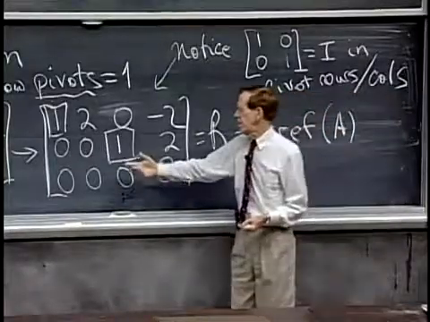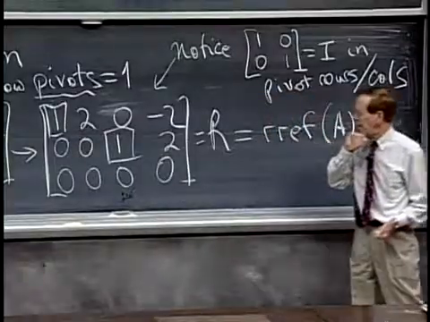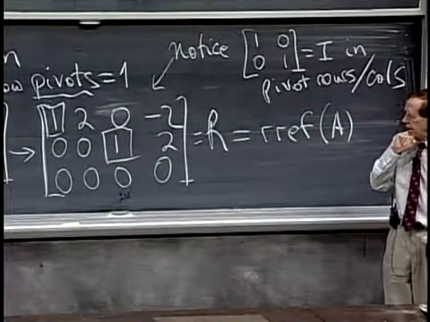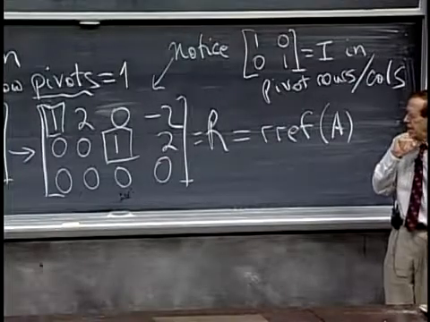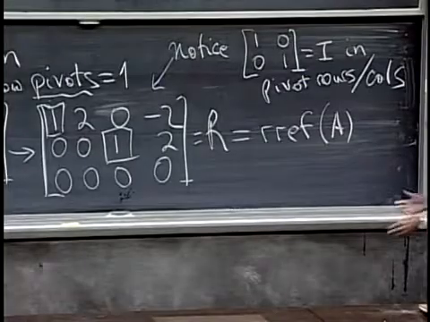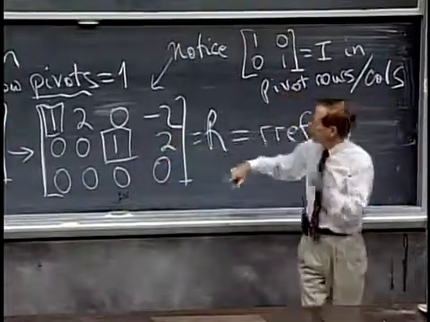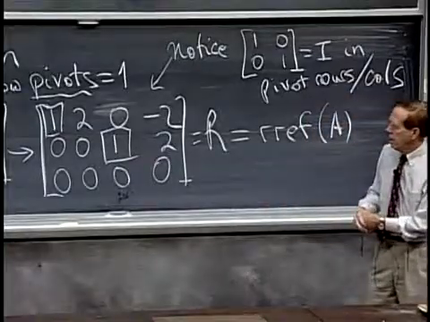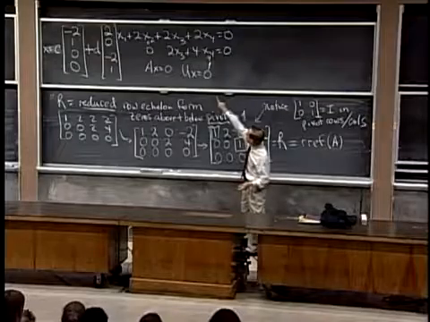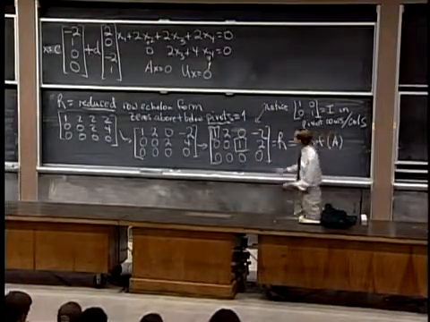And so there's the identity. Now it's also got its free columns, and they're cleaned up as much as possible. Actually, it's now so cleaned up that the special solutions, I can read off. You remember I went through the steps of doing back substitution.